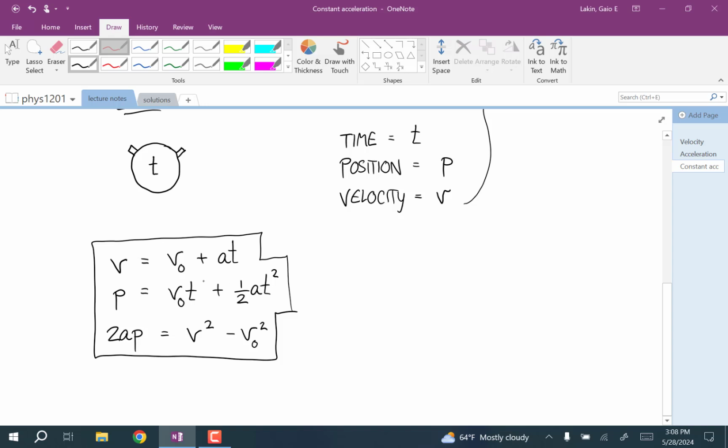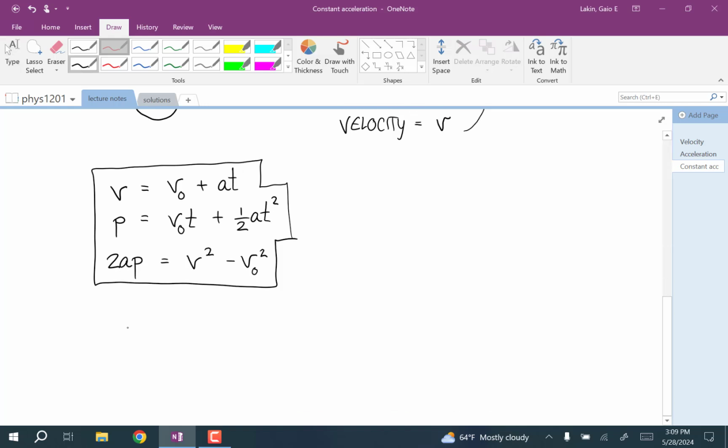And you can do all that. I'm not going to stress that. I'm not going to go through it. I'm not going to make you do it. But that's where it comes from. It's actually pretty simple calculus. And then the third one just comes from combining these first two. So it just comes from algebra after you've done that integration.